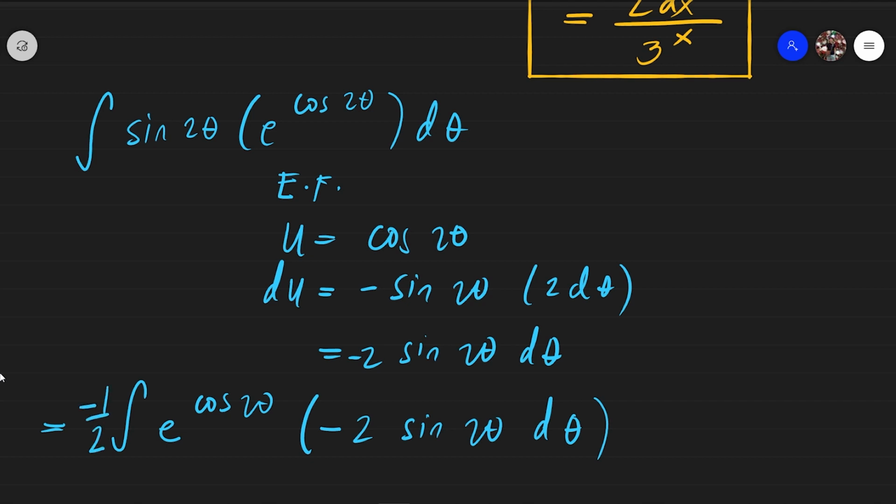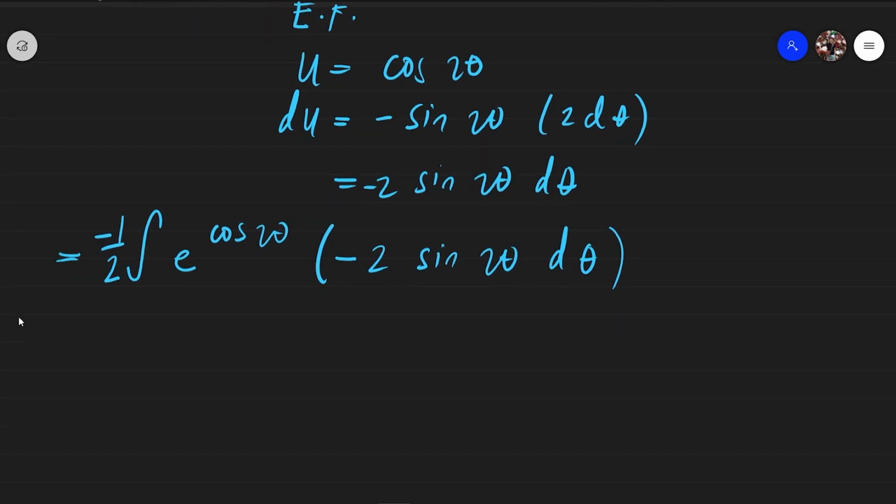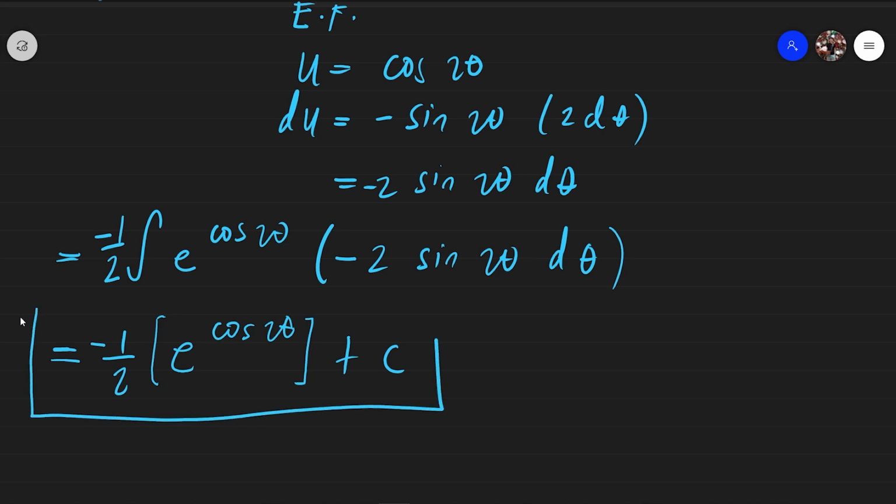After introducing the correction factor, we then proceed with applying the right side of the exponential function formula of integration. So this will be negative 1 half e raised to u, and that is cosine 2 theta. Of course, don't forget your plus c. This is now our final answer.